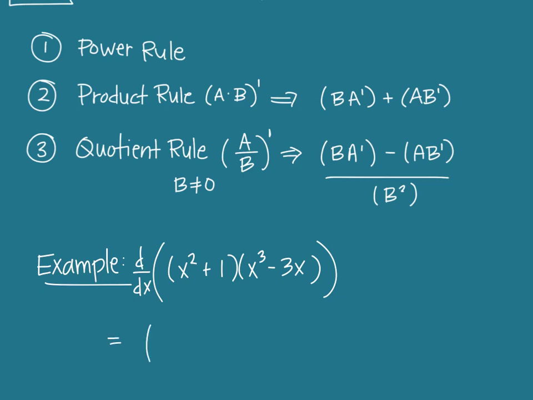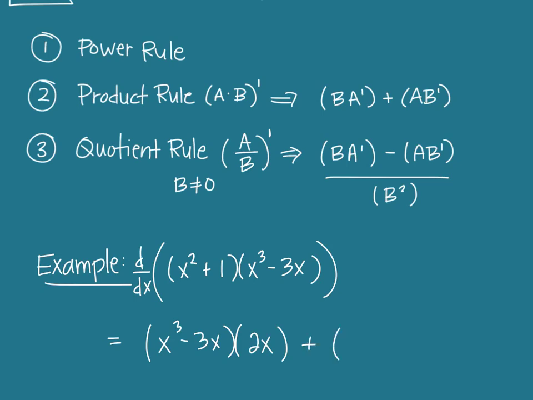So I start with the b quantity, which is x cubed minus 3x. Multiply that by the derivative of the a quantity, using my power rule from previous. So the derivative of x squared plus 1, what's the derivative of x squared? 2x, and then plus 1 is 0, so I have my derivative.